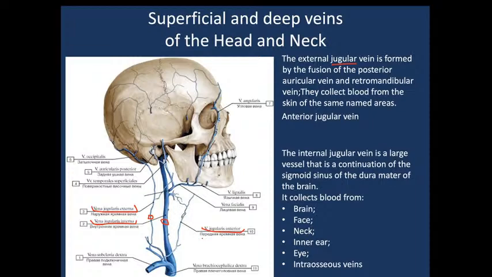So 1, 2, and 3 veins we find in the neck region. The biggest one is the internal jugular vein.